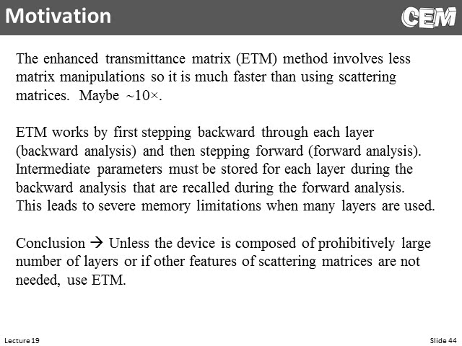So if you have a lot of layers and you're storing parameters, you could run out of memory. Once we work backward, then we work forward, and then we can finally calculate reflectance and transmittance. But the fact that we have to work backward and store data before we work forward means we could run into some memory problems. But it is much faster if you don't run out of memory.